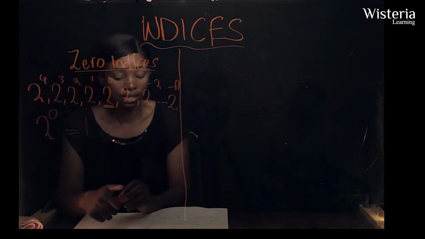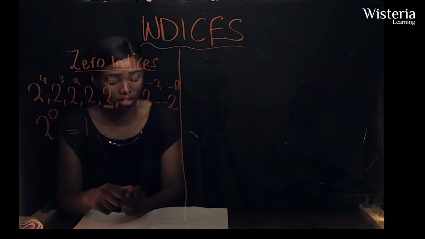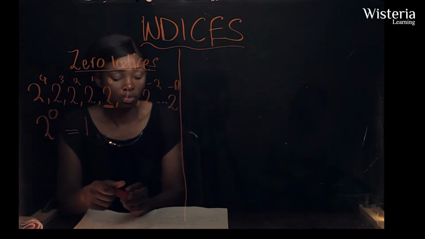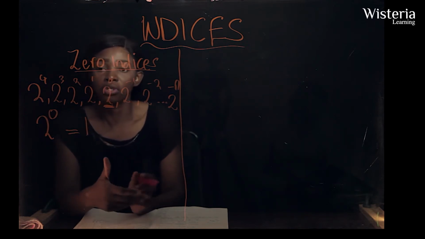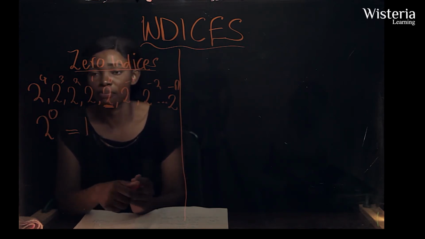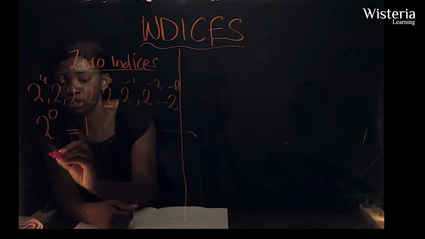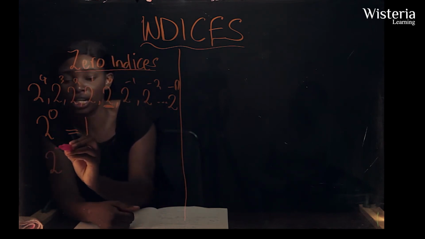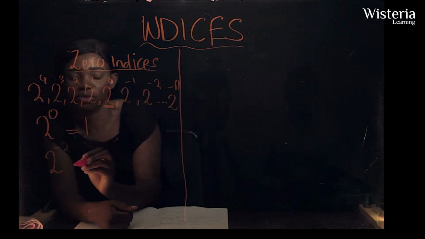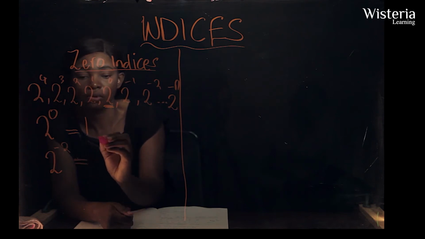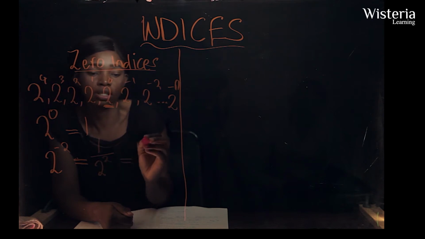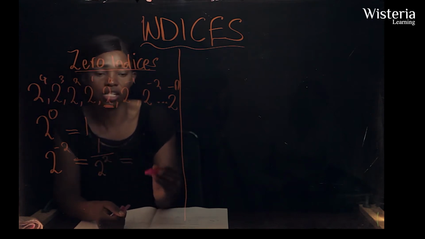Then there are indices that can be given with a negative power. We can convert them to positive indices or vice versa. So if we have 2 to the power negative 2, this can be expressed as 1 over 2 to the power 2, which, when we evaluate it, will give us 1 over 4.